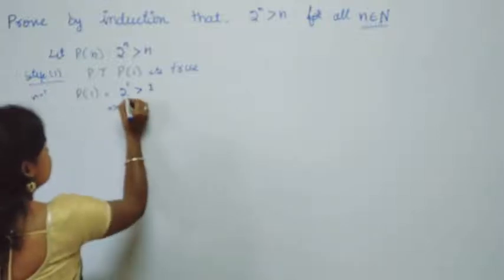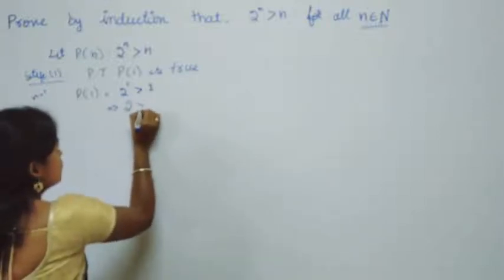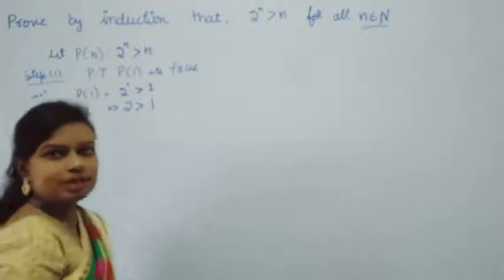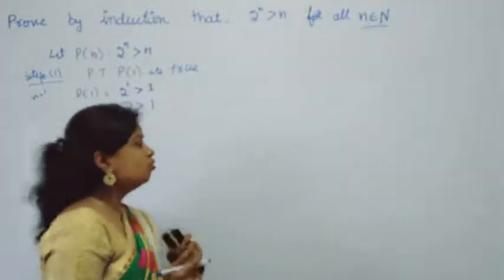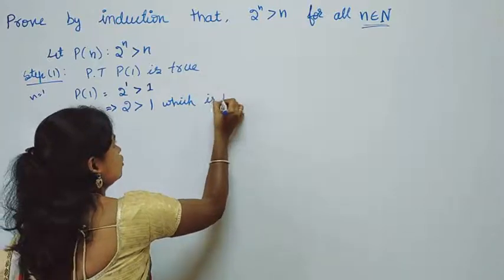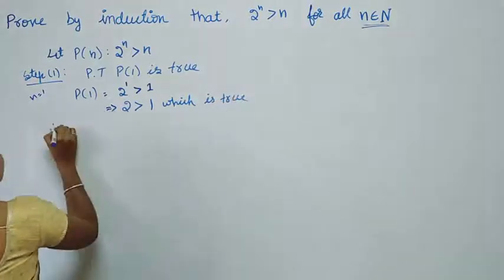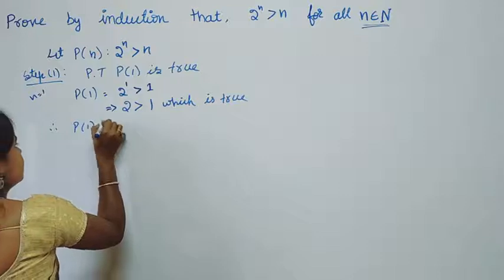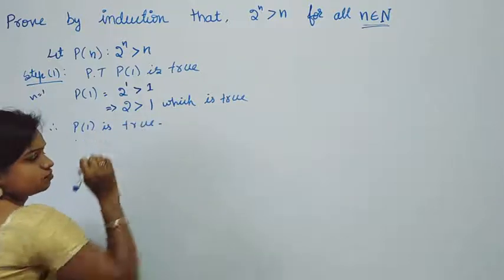So this is nothing but 2 power 1 means 2 is greater than 1. Obviously, 2 is always greater than 1, which is true. So therefore, P of 1 is true.